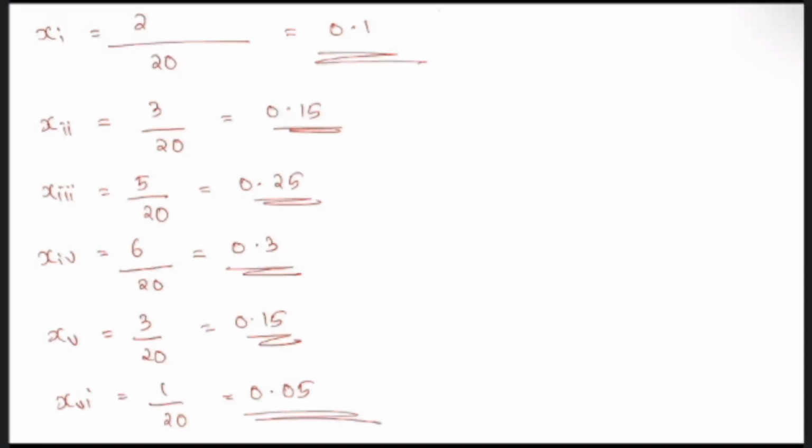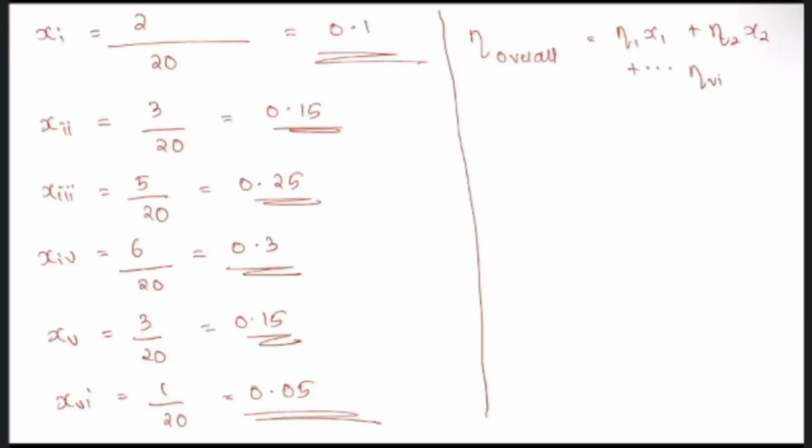Now all we have to do is substitute the etas and the mass fractions x in the overall equation for collection efficiency. So eta overall is eta 1 x1 plus eta 2 x2 and so on up to eta 6 x6.